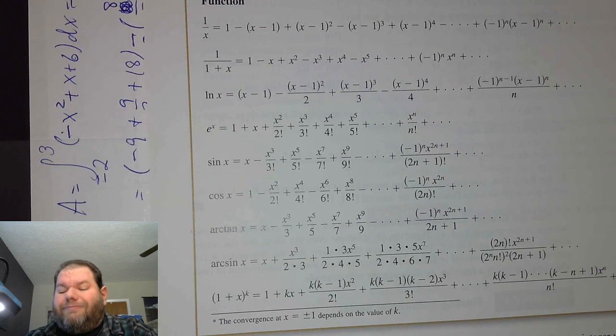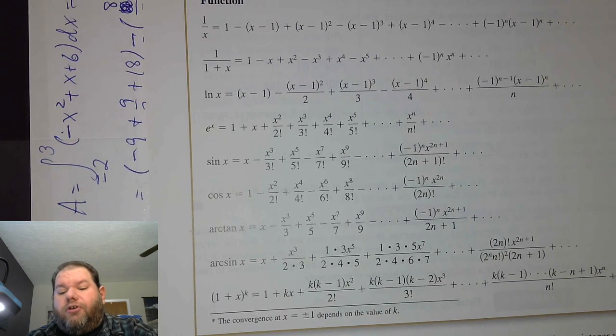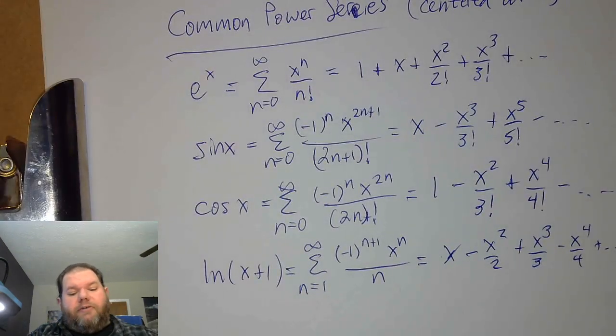It's easier to define the expansion of 1 plus x to the k if we've done any work with combinations and statistics. There's some benefit there as far as ease of writing that expression, but it's okay. We'll be alright. Anyway, so those are some of our common power series.